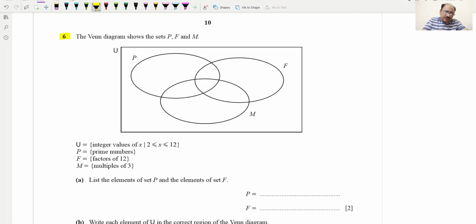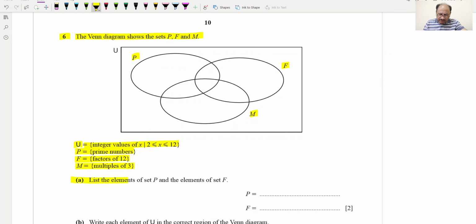Question number 6, the Venn diagram shows the sets P, F and M. Universal set is integers from 2 to 12. P is prime numbers, F is factors of 12, and M is multiples of 3.